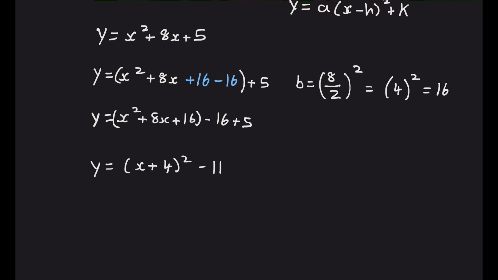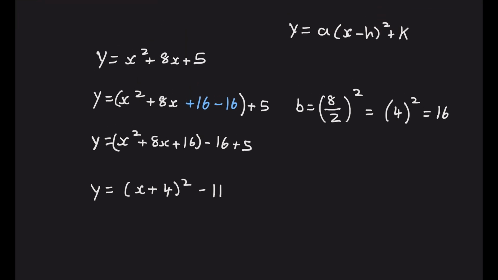So now, I don't know if you can tell, but we actually made it to vertex form. So we have the h value and the k value. For this one, it is 4. But one thing that often people mess up is the negative in front. So the fact that it's positive, you know what?